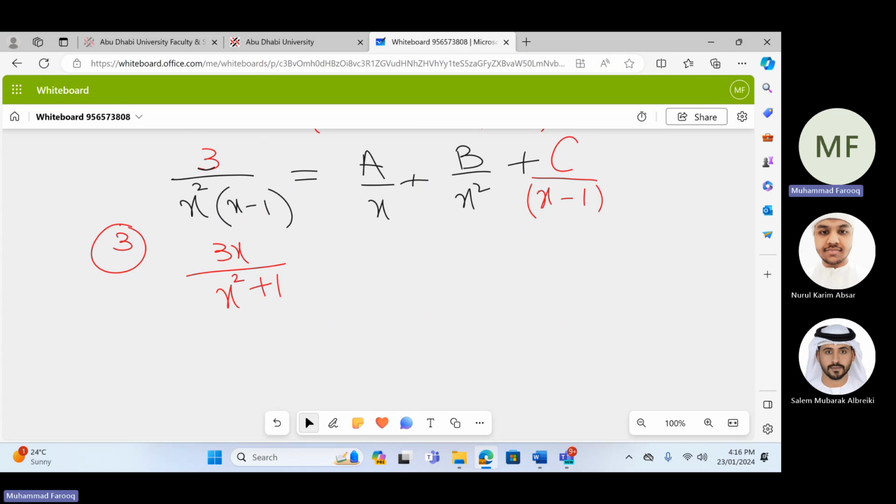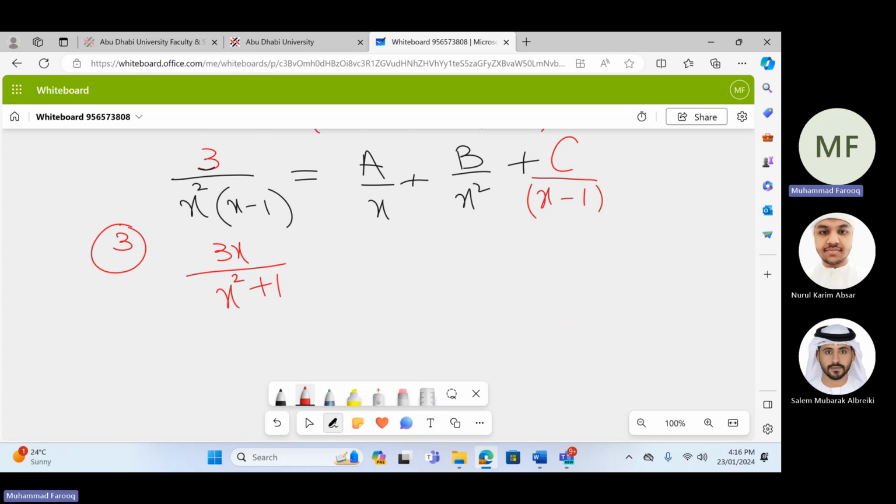Of course not, it's not possible. So you will not change it. Now, please tell me, is the denominator factor linear or quadratic? Quadratic. Now, please note down: if the factor is quadratic, we always use 2 constants.